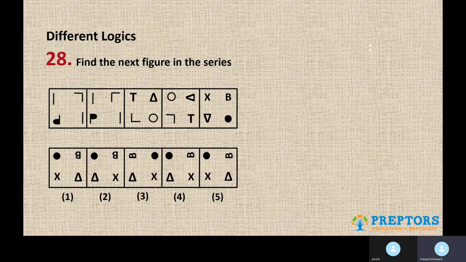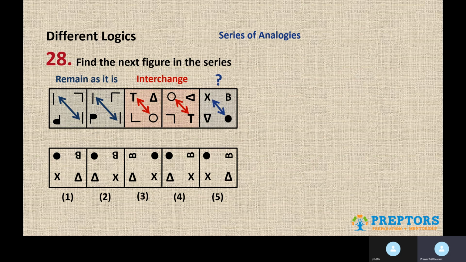Let's move to next. Find the next figure in the series. So series of analogies. Now the first and the third object remain same. First and the third object remain same. So X will remain same.